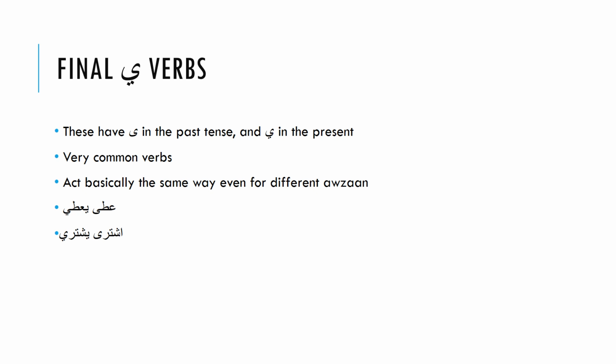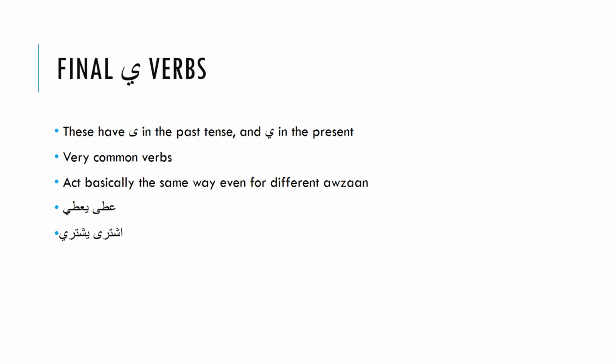The nice thing about this is this pattern is pretty stable across auzen because most of the auzen play with or change stuff at the beginning of the verb stem, not so much at the end. So once you've learned this once, it's pretty easy. And actually the verb ishtera, yishteri, which we've focused on a lot, is actually a form 8 verb. But don't let that mess with you.